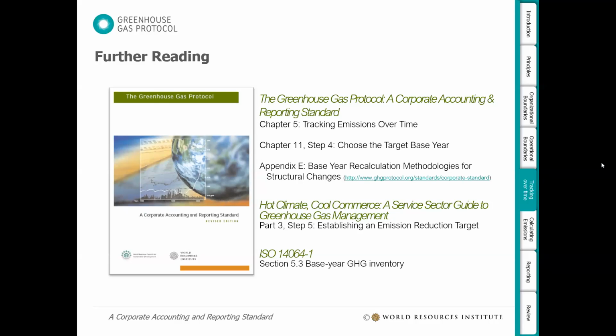For many companies, in fact, most companies, the bulk of emissions occur from scope 3 sources. So it would be ideal to move the base year to the most recent reporting period, particularly if that scope 3 inventory was comprehensive and dealt with the most important scope 3 categories.